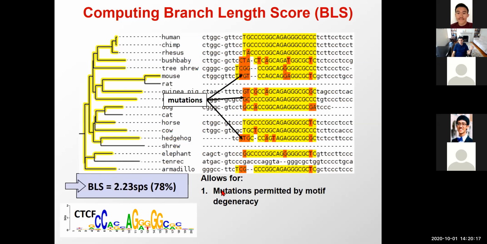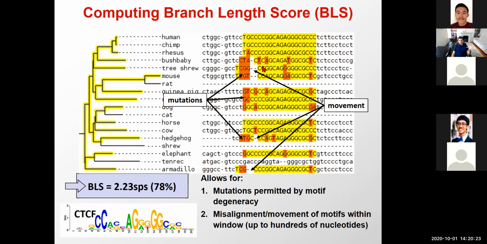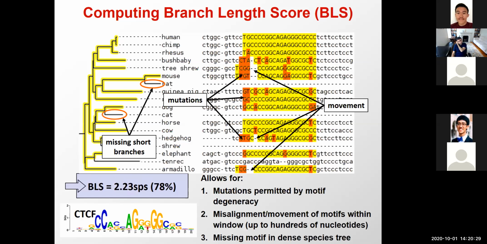This approach allows for mutations that are permitted by the motif degeneracy. It allows for misalignments or movement of the motifs within a particular window that can be up to hundreds of nucleotides. And it also allows you to have missing instances of the motif in a dense species tree, because you can still infer the branch length from the species that are actually there.